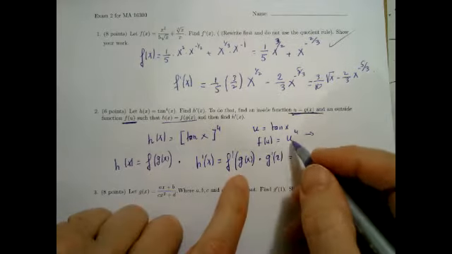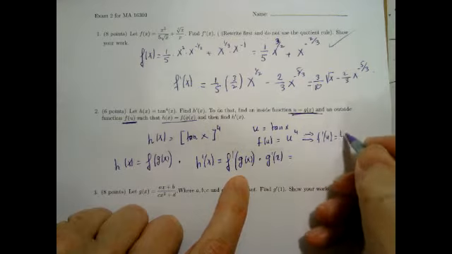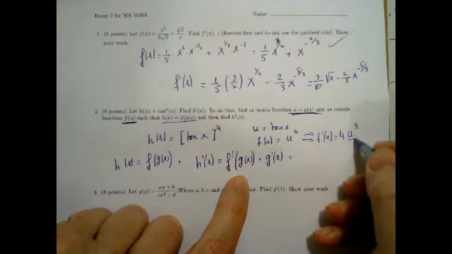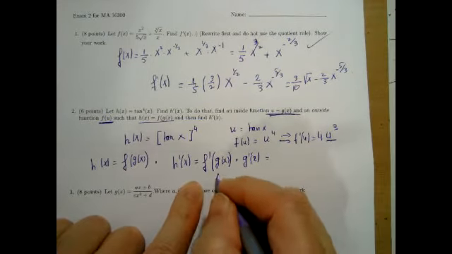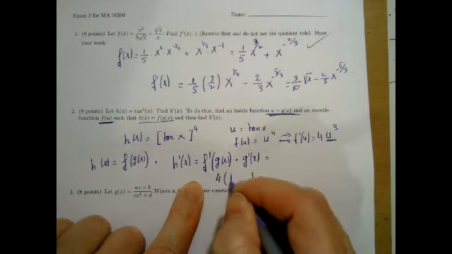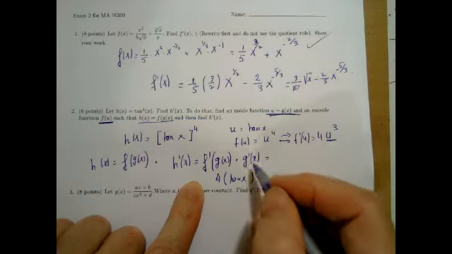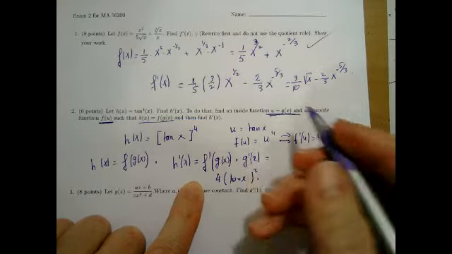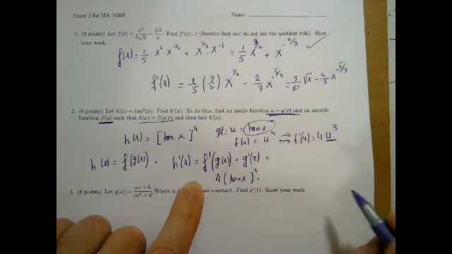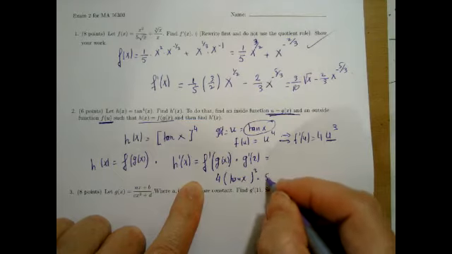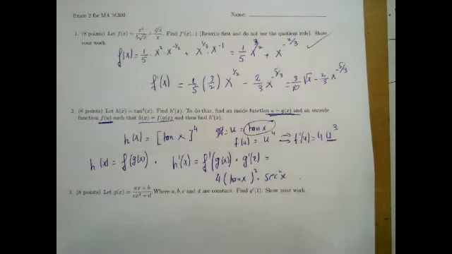Now, the derivative of f is 4u to the power 3, but we evaluate it at the inside, so that will give me 4 tangent x to the power 3 times the derivative of g. So g is the inside function, which is tangent. Derivative of tangent is secant square x.